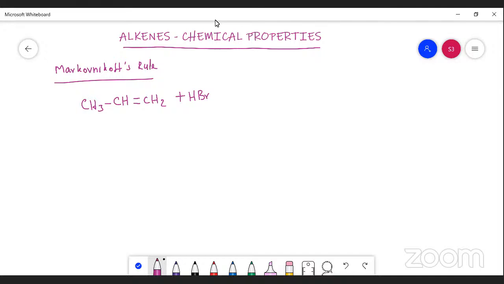So here in the Markovnikov rule, which one is the negative part? Listen. In HBr, Br minus is the negative part.